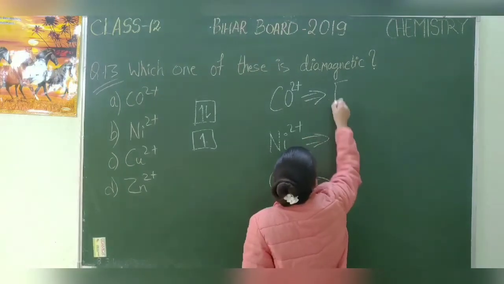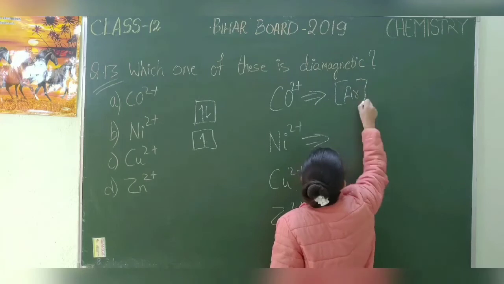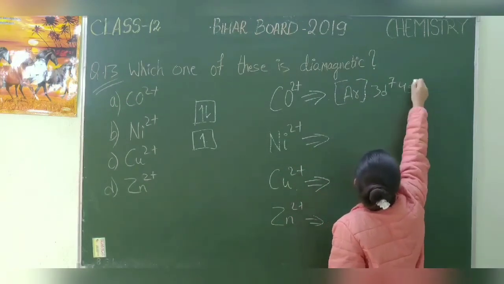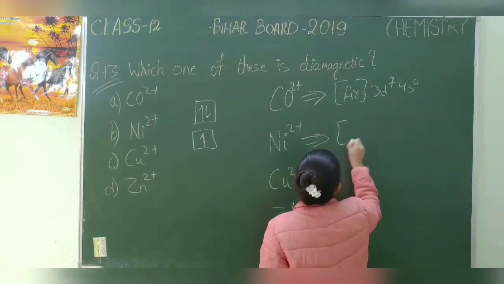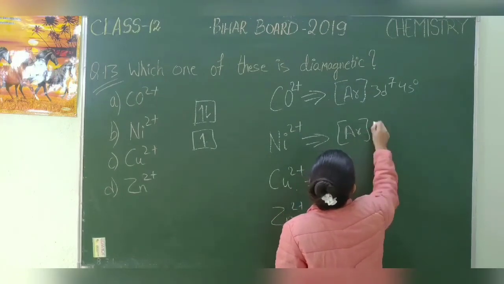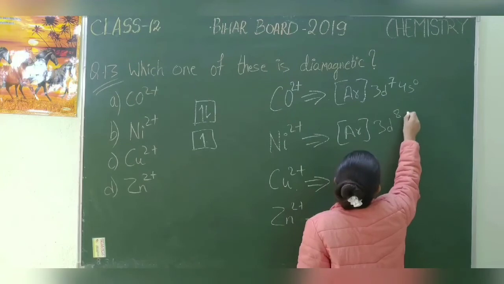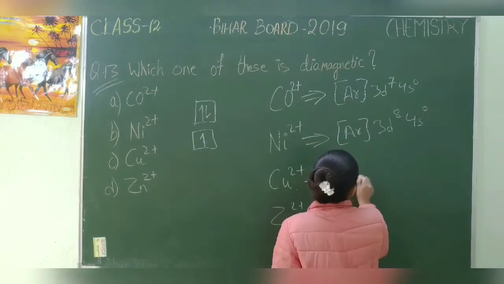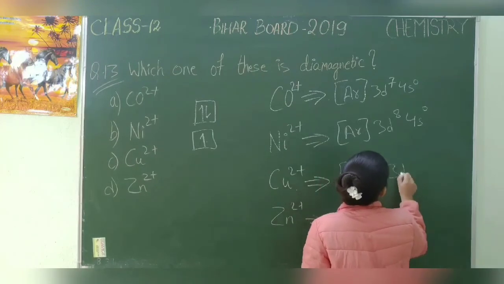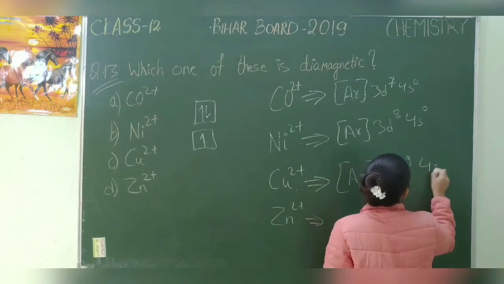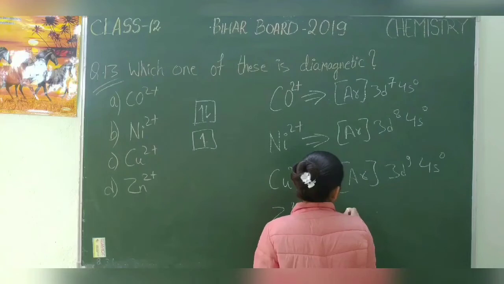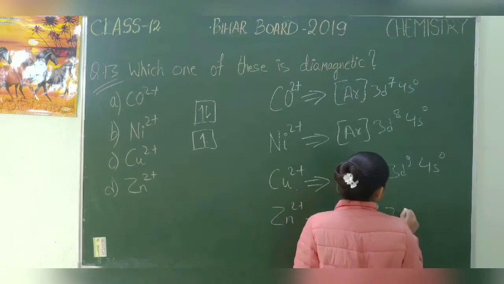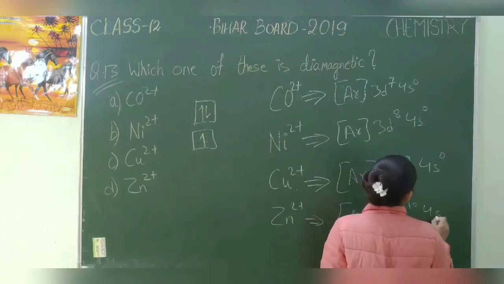So this is argon 3d7 4s0, argon 3d8 4s0, argon 3d9 4s0, and for zinc argon 3d10 4s0.